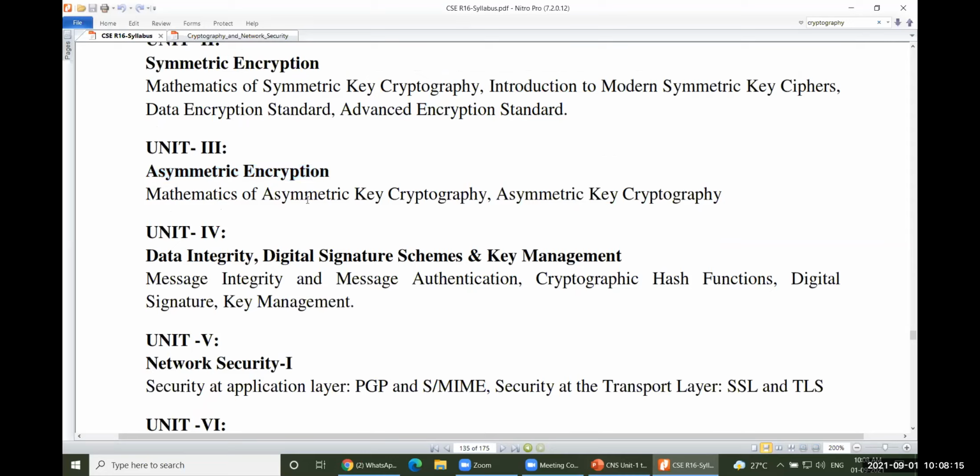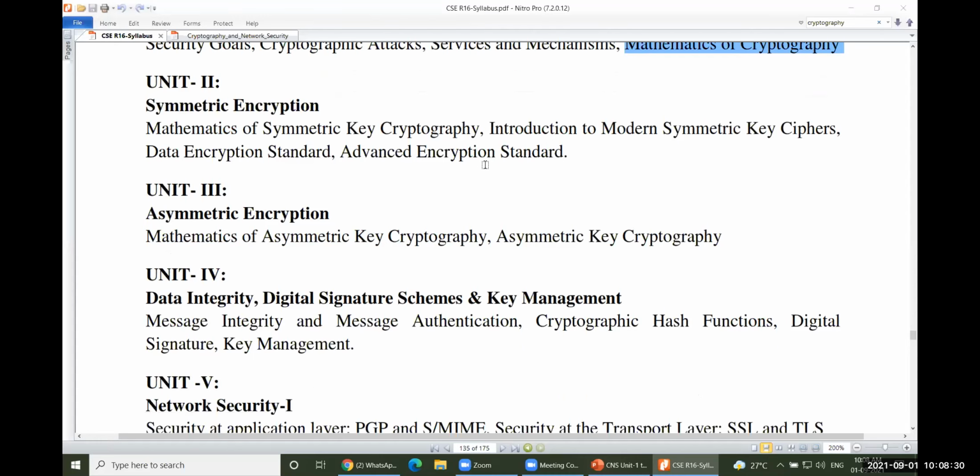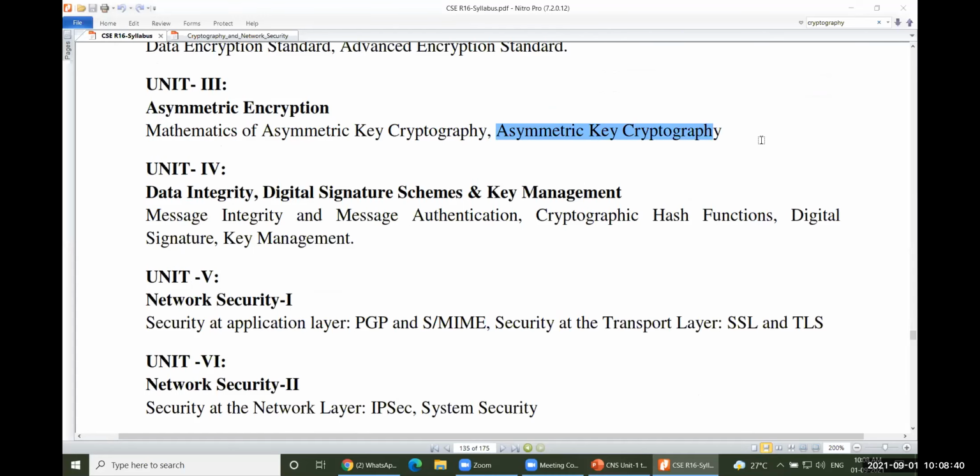So here we have to learn the mathematics as far as asymmetric cryptography is concerned. Of course, this entire mathematics will be covered at this point only. And how an asymmetric key is created or prepared, using asymmetric key cryptography, followed by the RSA algorithm, and then the Bellman-Ford algorithm, and then several other algorithms to be discussed in asymmetric encryption.